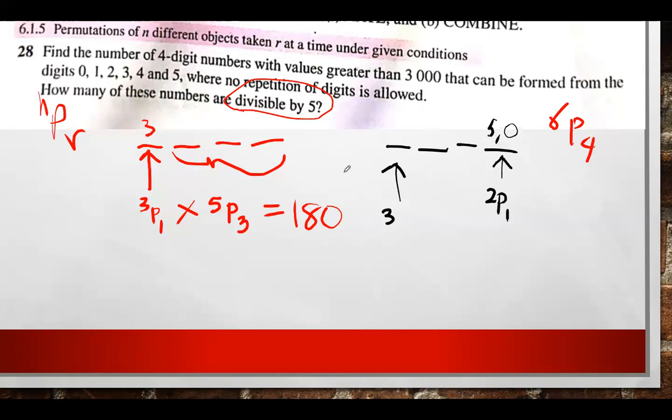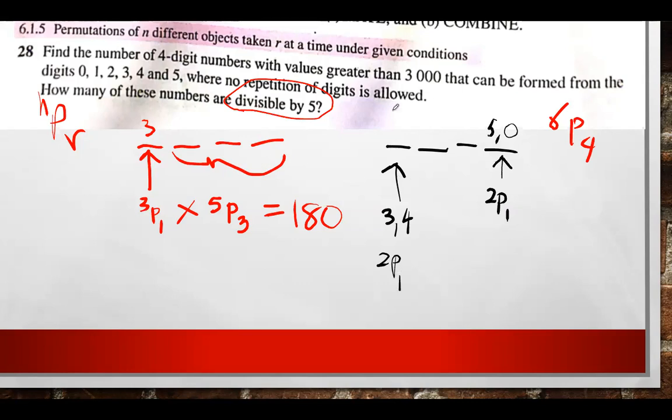If that problem arises, then you will have to split everything. You have to consider every single factor first. So I'm going to say, okay, I can put 0 and 5 here, but over here I can only put 3 and 4. I don't consider number 5 yet. If I can put 0 and 5 here, this will be 2P1. If I can put 3 and 4 here, this will also be 2P1.